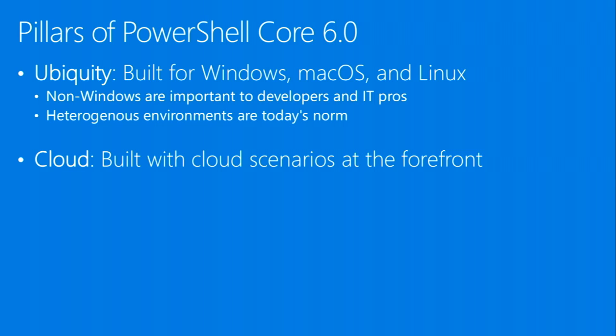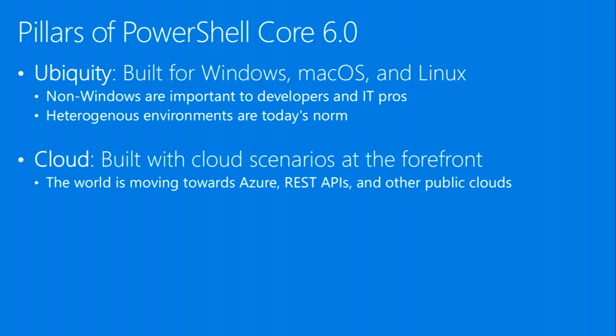We also built PowerShell Core with cloud in mind. One of the improvements that we've been touting is the follow rel link on Invoke-RestMethod. We've made a large number of enhancements to both Invoke-WebRequest and Invoke-RestMethod to work better in a world where REST APIs and cloud APIs are everywhere.